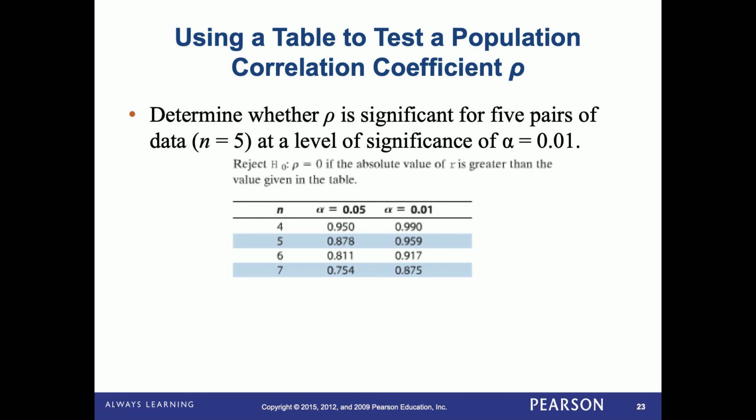All right. So in this book, let's say we want to see if rho is significant for 5 pairs of data, so n being 5, at a level of significance alpha of 0.01. So we go to 5, right here. You go over to 0.01, and it's 0.959.